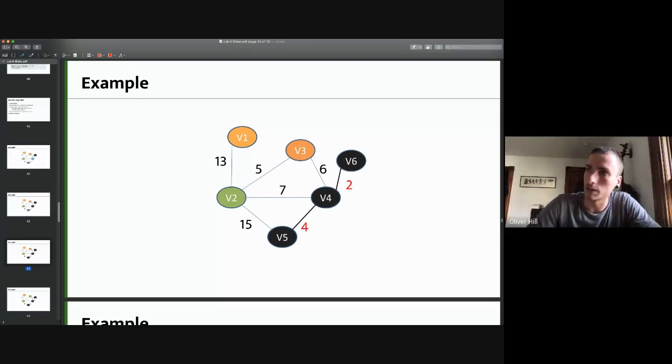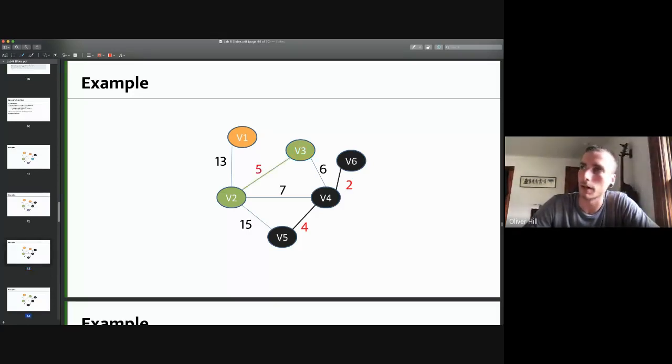And let's just take the cheapest edge within those, as long as it doesn't add a cycle. So you just grab random unlinked edges. Yes. Well, not necessarily unlinked, but as long as the edges don't add a cycle, then we're good. Yeah, so we're going to take V2, V3 because 5 is the cheapest remaining edge. If they add a cycle, then we'll see that in just a second.